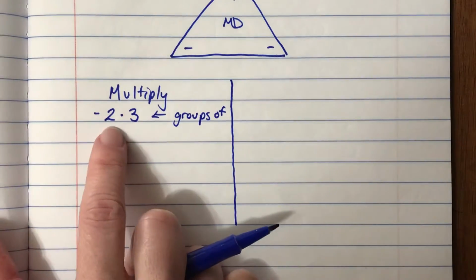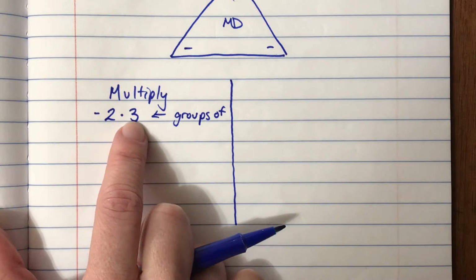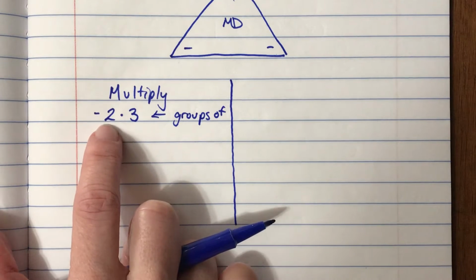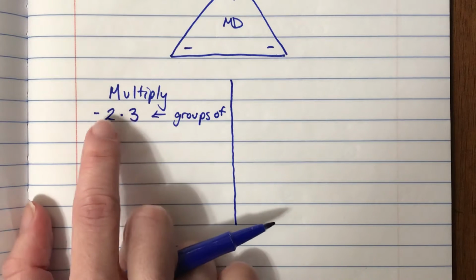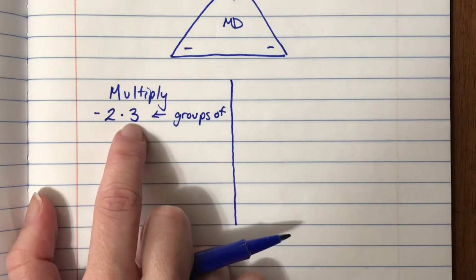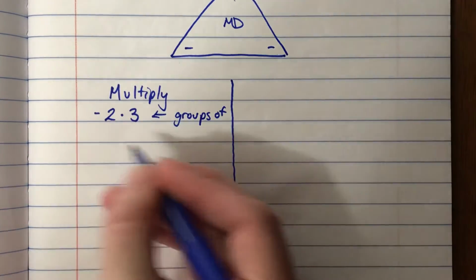Well, when we read this time, we're going to look at the positive number and we're going to say that's the group of how many. So in this case, putting a negative in front of this 2 is going to mean 3 groups of -2. So the positive number is going to indicate the groups now, and -2 is going to indicate what's in each group.